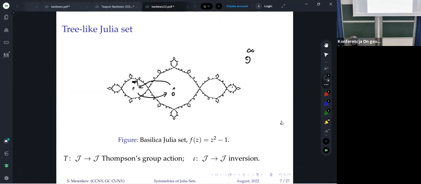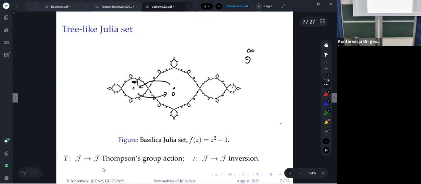Misha Lyubich and I asked ourselves, what is the quasi-symmetry group here in this case? Initially, at least I thought maybe it's also rigid, just like in the carpet case, but it is not, and we quickly realized that there is a large group acting on this set.